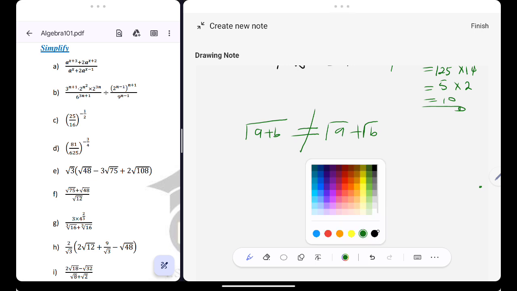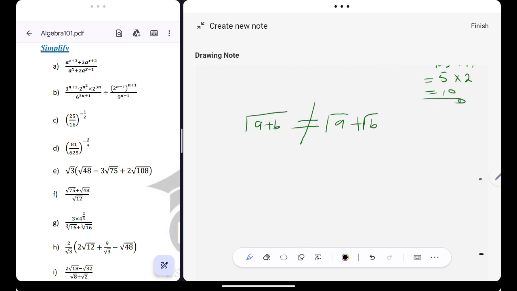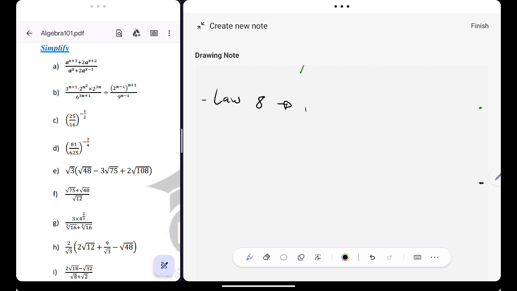And then since we are dealing with roots, let's go to this one. If you have the b-th root of x to the power a, this can be written as x to the power a over b. Please note that your root is always the denominator of your exponent.